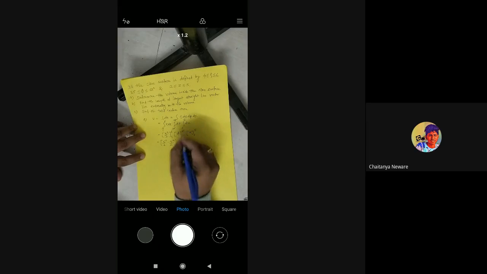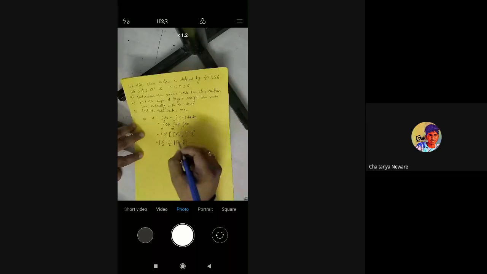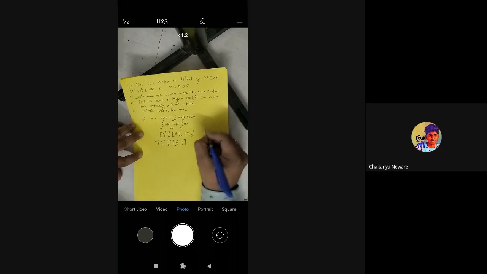Here we have to put the values in radians: pi by 3 minus pi by 6, because 60 degree means pi by 3 and 30 degree means pi by 6, since pi means 180 degree. 180 by 3 is 60 degree, and 180 by 6 is 30 degree.